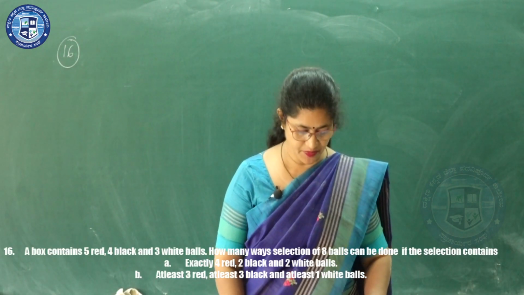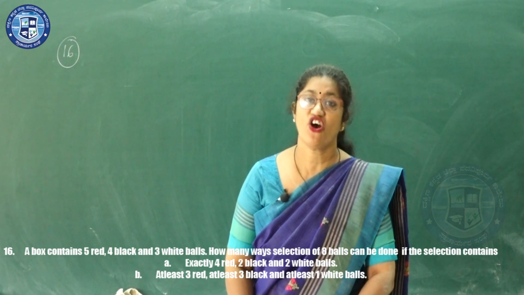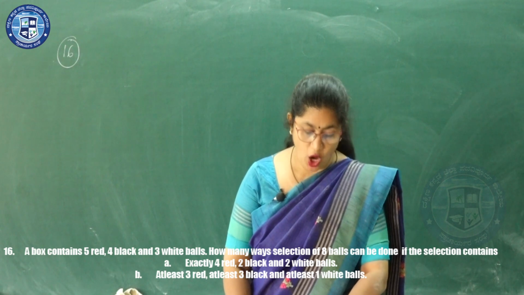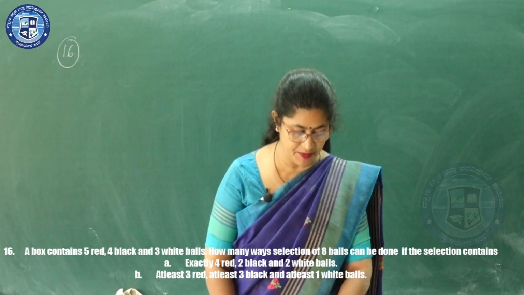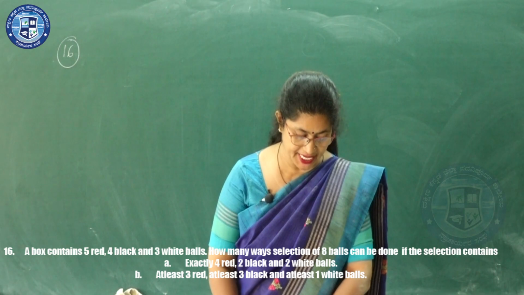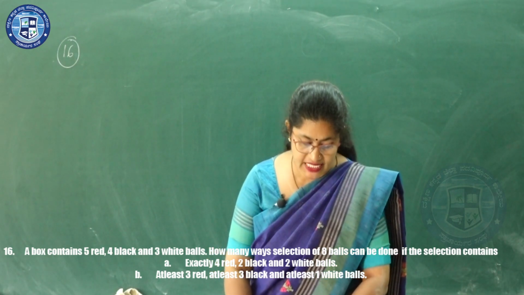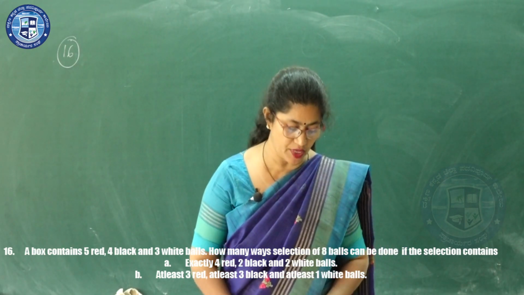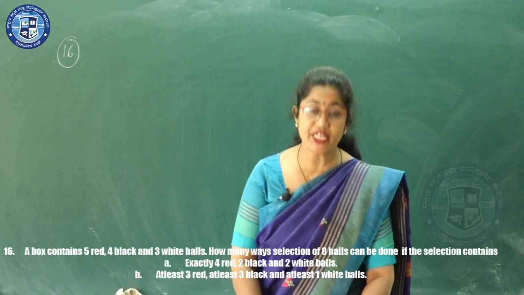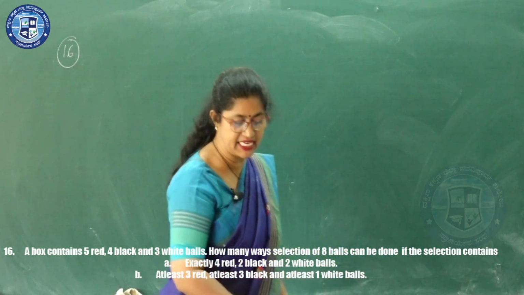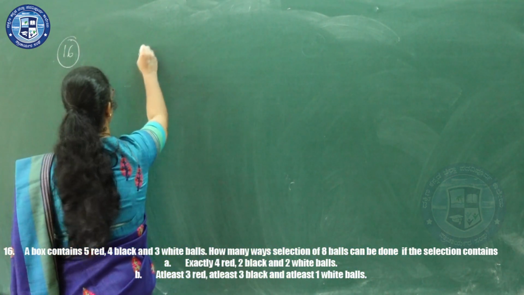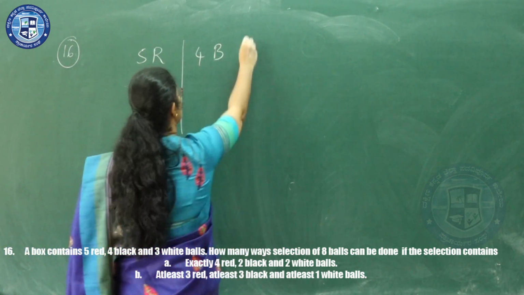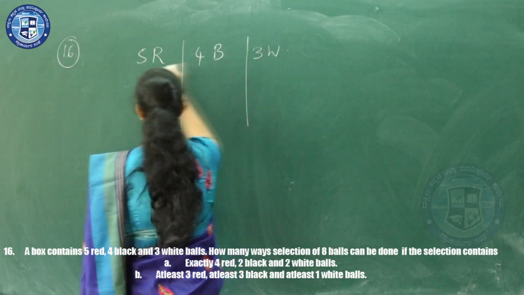Question number 16. A box contains 5 red, 4 black and 3 white balls. How many selections of 8 balls can be done if the selection contains option A, exactly 4 red, 2 black and 2 white balls? First let us work out option A now. Now what is given to us? A box contains 5 red, 4 black and 3 white balls.